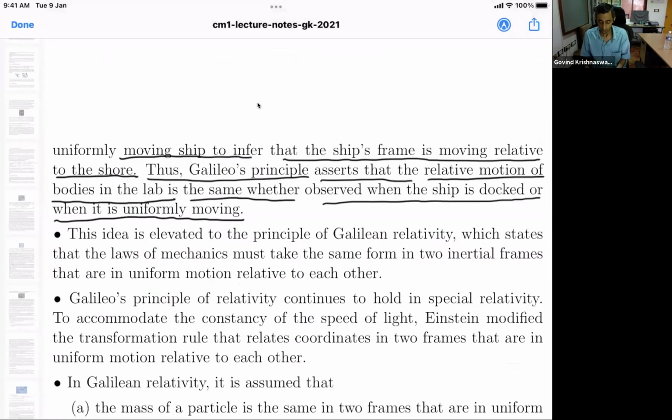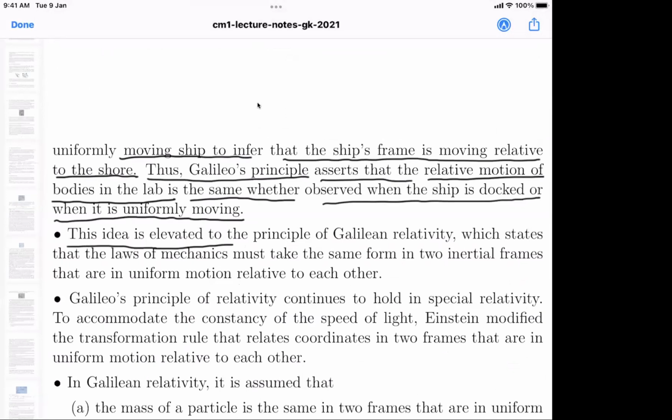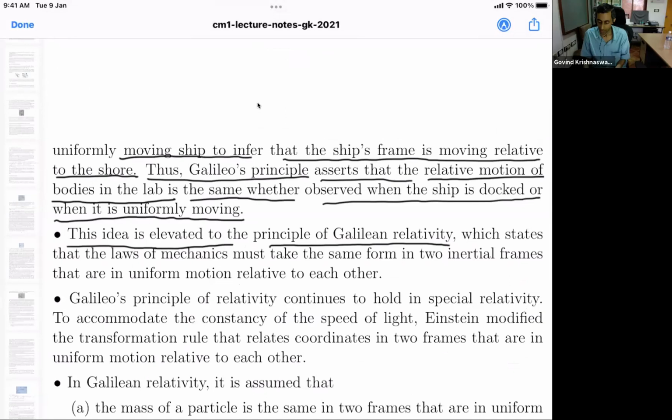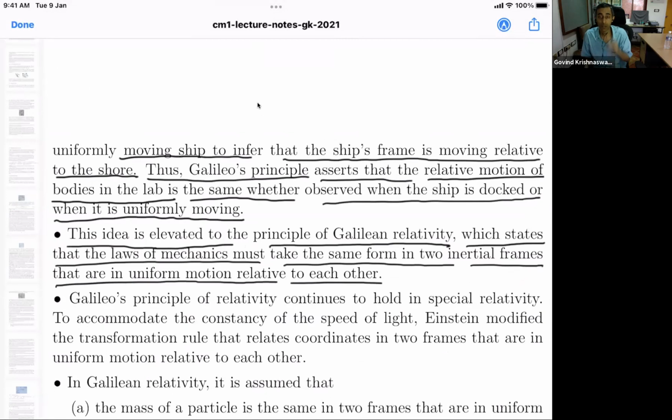Okay, so this idea is elevated to the principle of Galilean relativity, which states that the laws of mechanics must take the same form in two inertial frames that are in uniform motion relative to each other. We will make this more explicit.